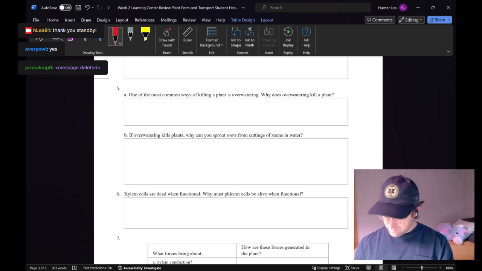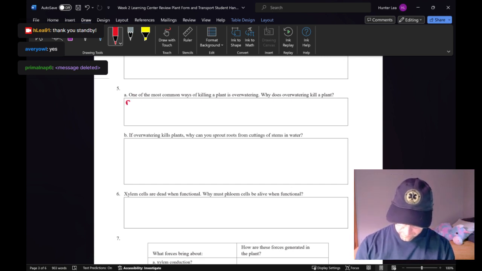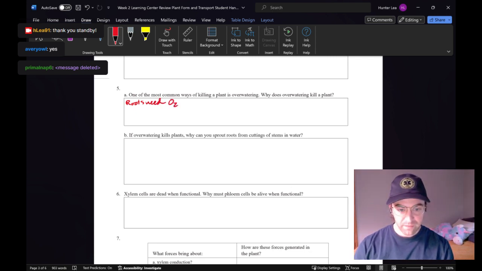So I want to write this and then we can talk about it a little bit more. Roots need molecular oxygen for cellular respiration.